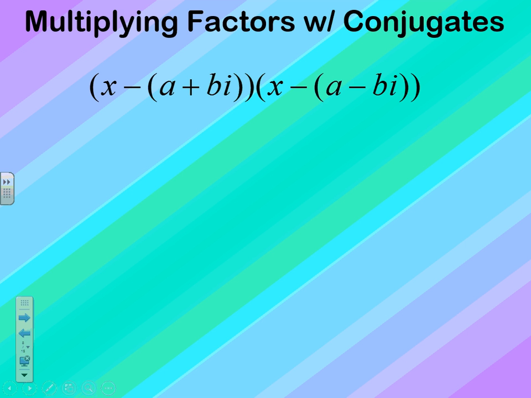So here we have 2 factors that represent just conjugate pair factors, in no particular numbers. But we're going to multiply these things together, normal kind of FOIL process.